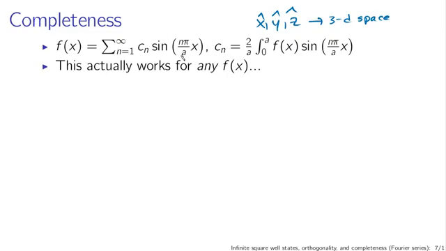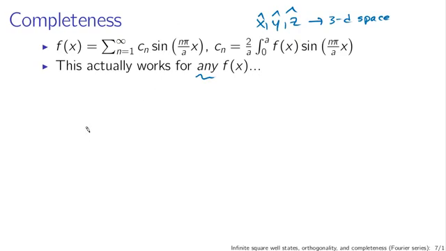Which means this formula for expressing some function f of x in terms of a sum of sine functions, where the numbers used in the sum are calculated by this Fourier's trick sort of integral, actually works for damn near any f of x.